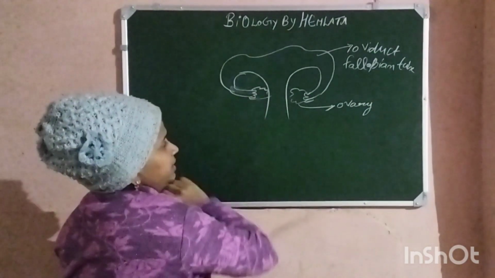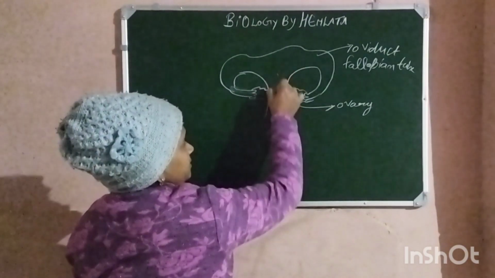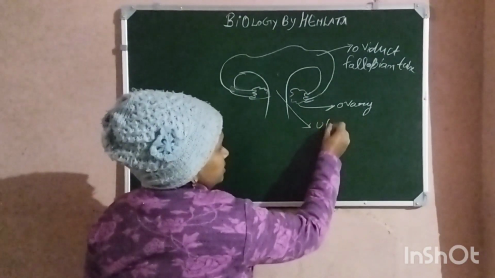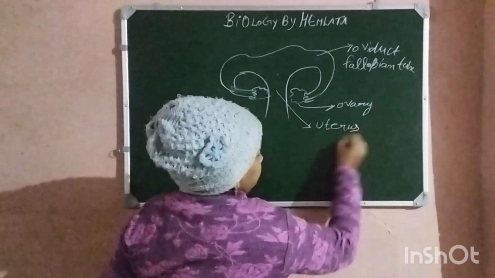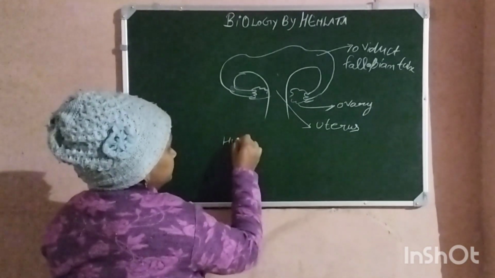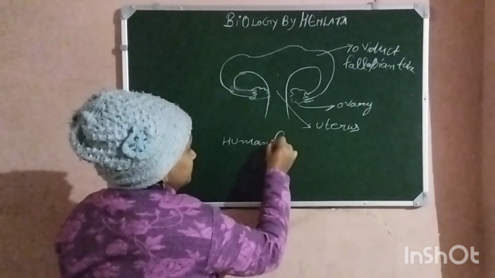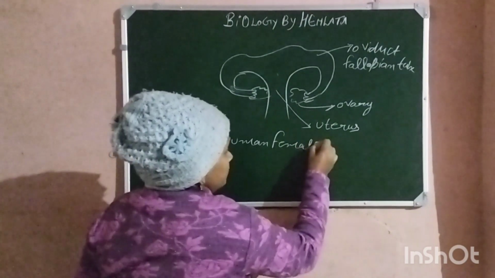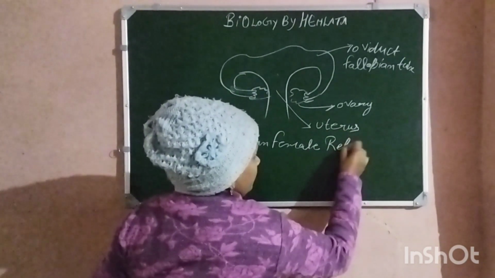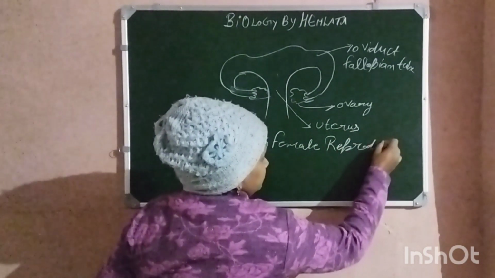Here also an ovary, and this is which part? This will be the uterus part. Human female reproductive system.